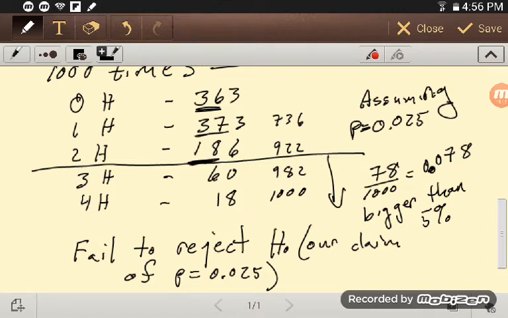About 6% of the time, because it's 60 out of 1,000, have three defects show up, and getting close to 2% of the time, because 18 out of 1,000 is 1.8 out of 100, we would have as many as 4 defects show up.